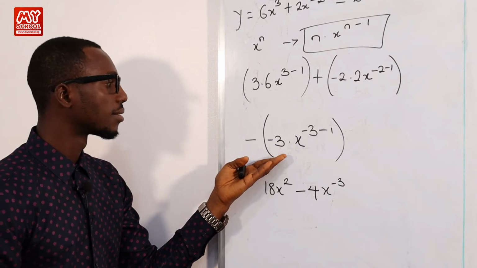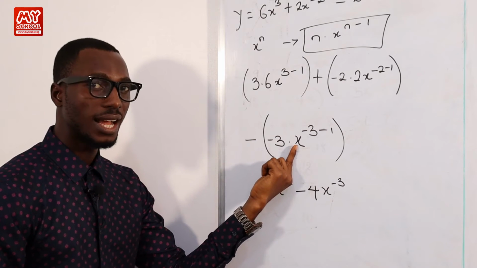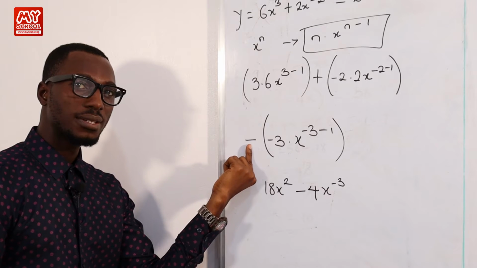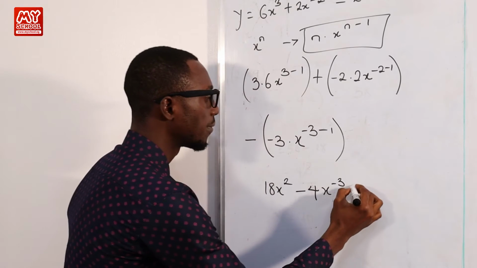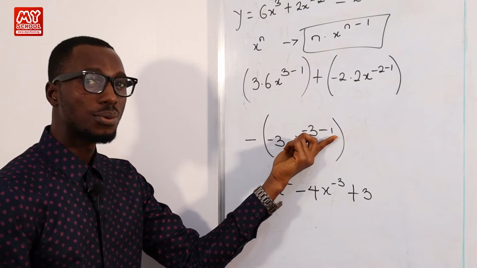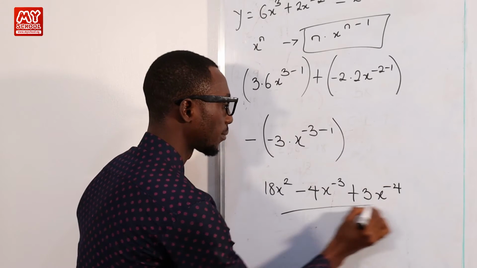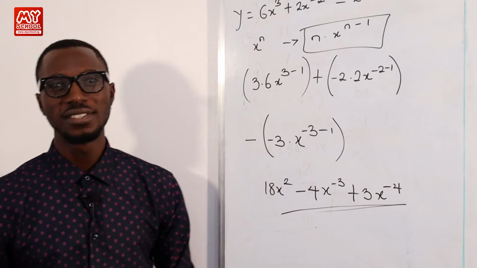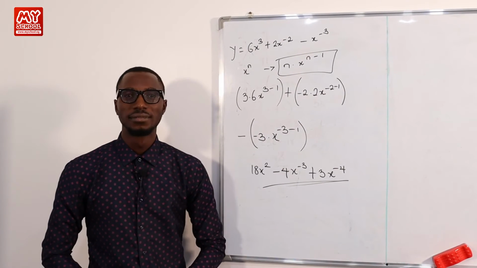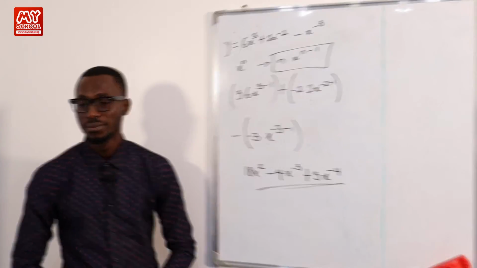Then for this part, we have minus 3 times x, that gives us minus 3. Then the minus outside the bracket makes it positive 3. Minus 3 minus 1, x raised to the power minus 4. So let's go through our options and see which of them equates this. We have option C.